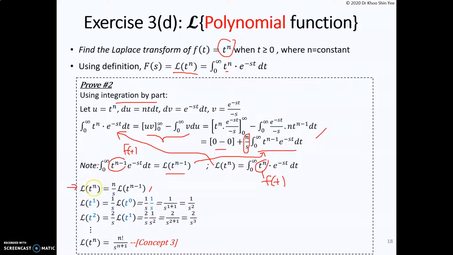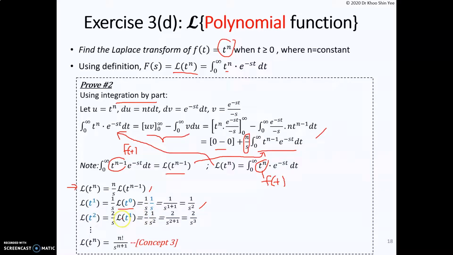So when the n is equal to 1, 1 minus 1, you get t power of 0. So you know Laplace transform t power of 0 is 1 over s. So these two multiply together, you get s power of 2. And then when n equal to 2 here, so you have your n equal to 2, substitute. So 2 minus 1, you get 1.